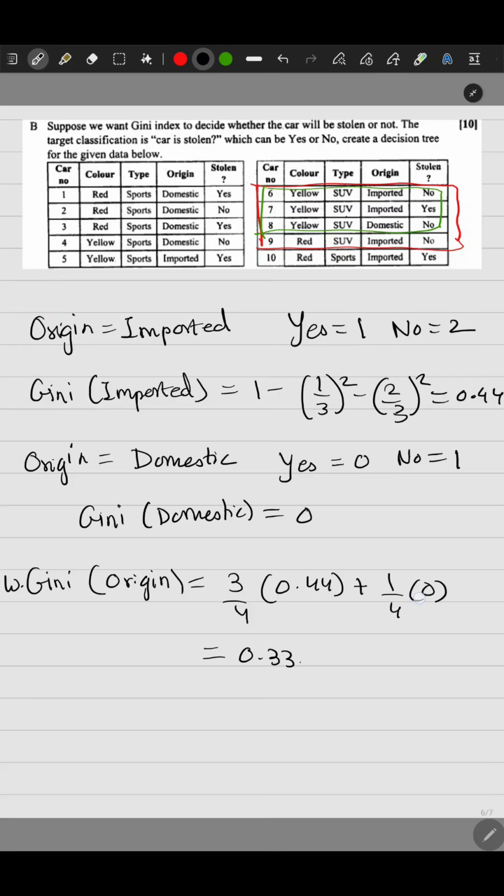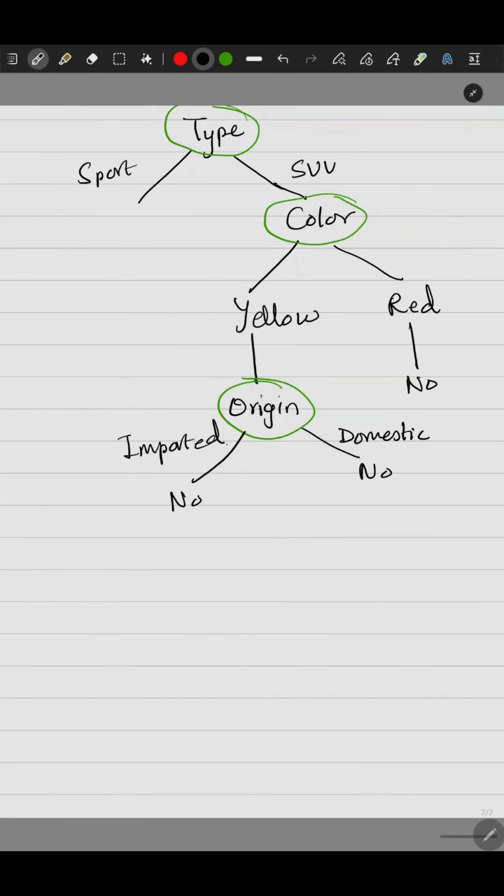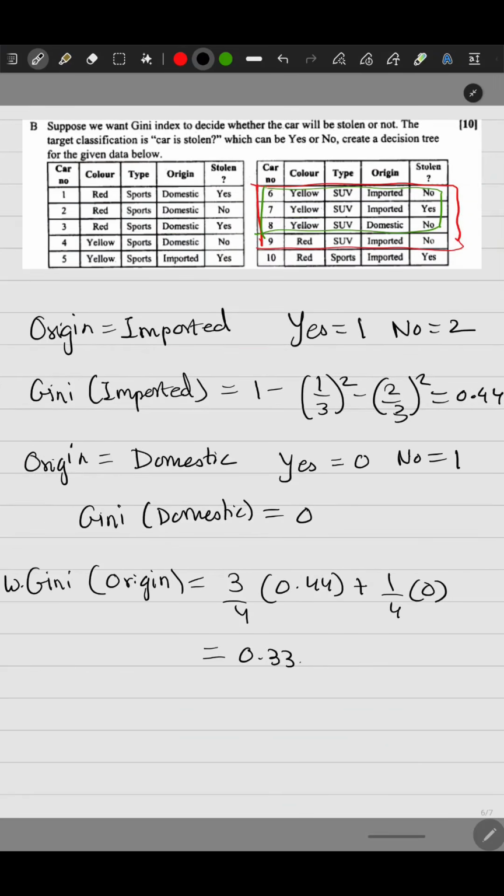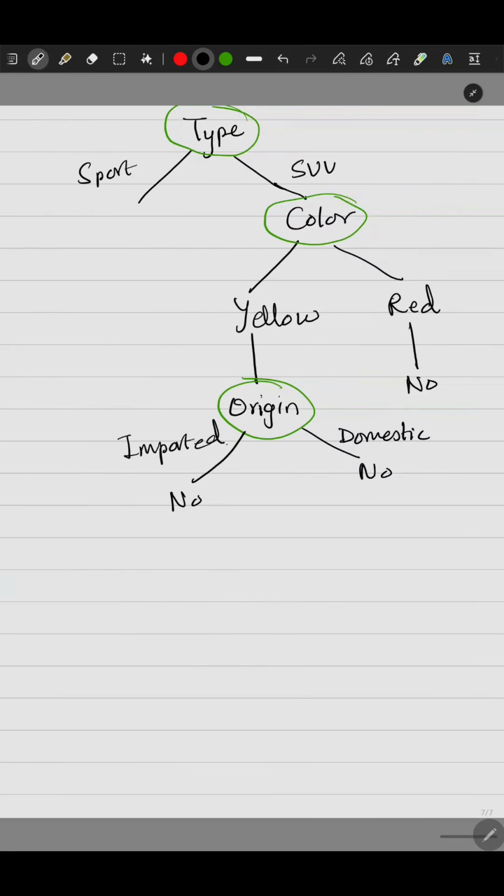By majority of the parent node, because yellow SUV has two no's and one yes, this leaf will be labeled as no. Amongst the yellow SUVs the majority is no, so we decide that if it's an imported yellow SUV car, then it will not be stolen.